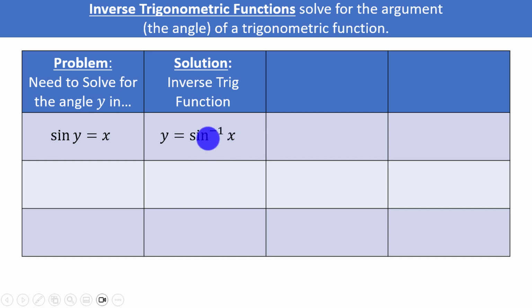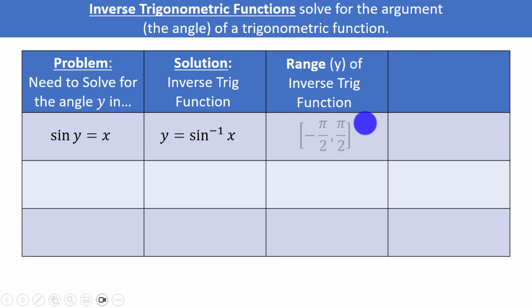And the range, as we've already been talking about, is going to be between -pi/2 and pi/2. There is an infinite number of angles that could satisfy this, because sine is cyclical, so there are many different angles that could give you any possible output. We're going to restrict it, when we're talking about the inverse sine, to only the angle that falls between negative pi over 2 and pi over 2.